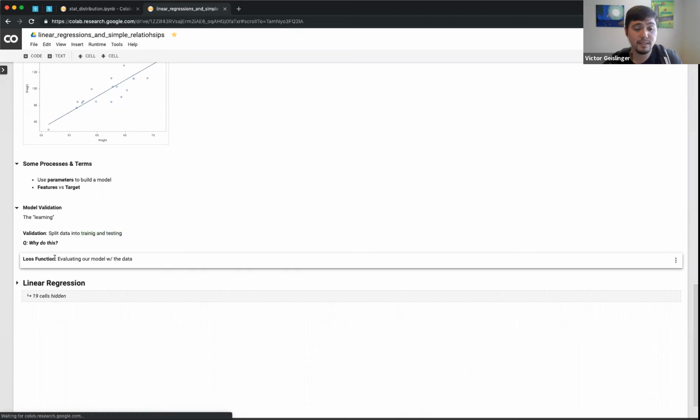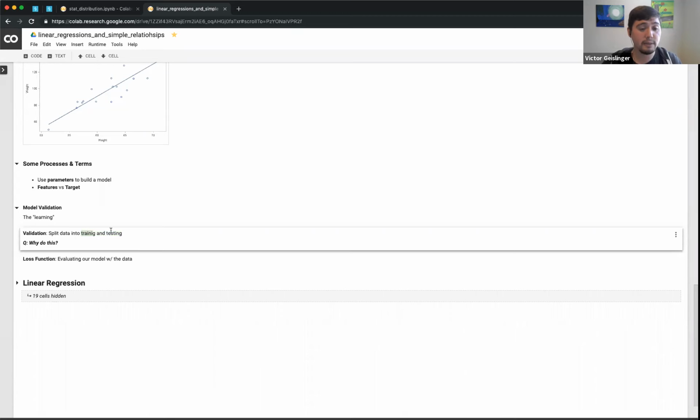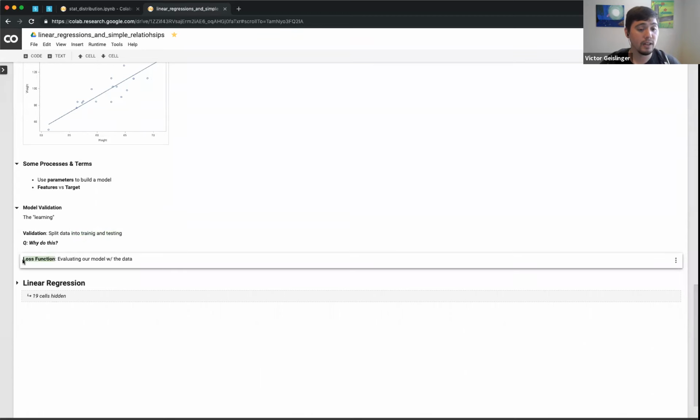The way we say we can do a training and we can test: how do we test? The training basically creates this line, this model. For our testing, we use something called a loss function. Our loss function allows us to say, how good is our line? How good is our model? We'll talk about what this is in linear regression.